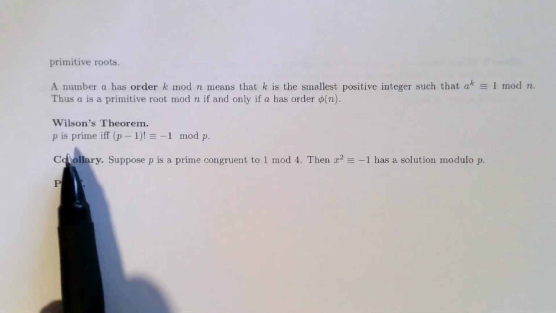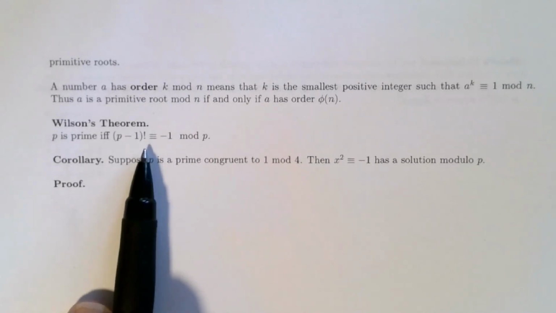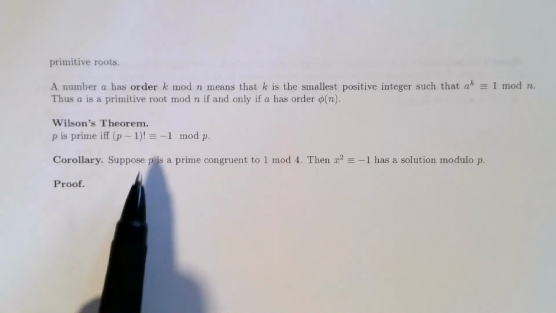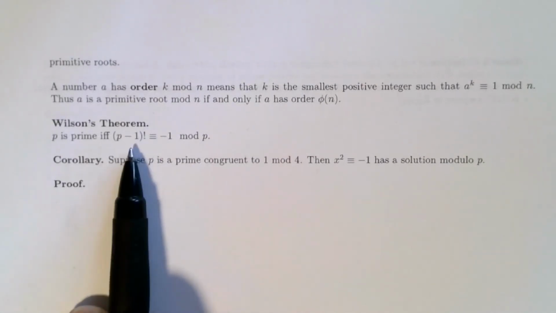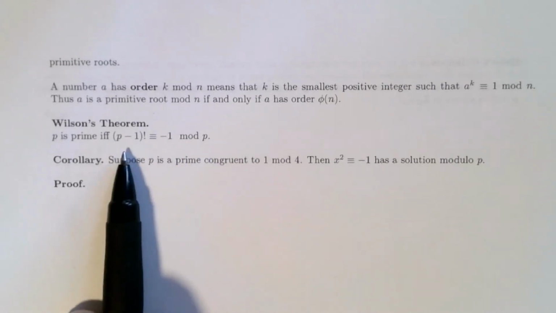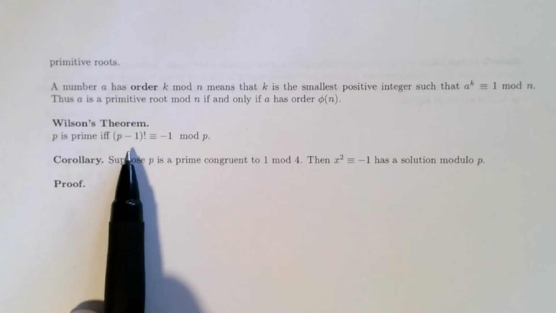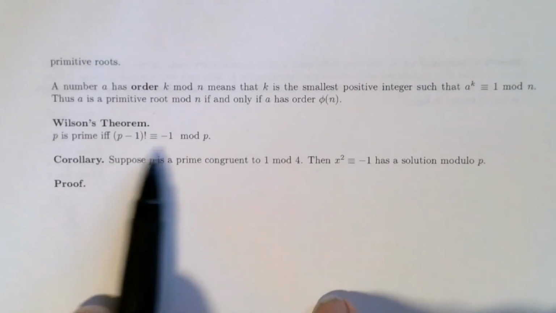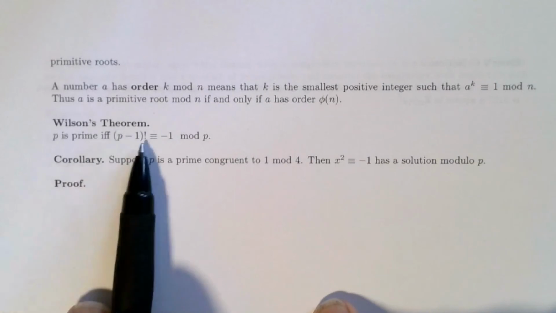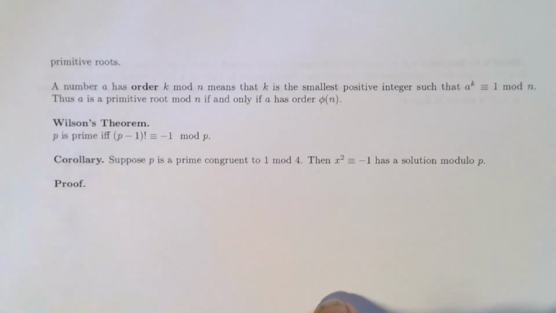This probably goes, in fact, back to Fermat, but Euler, for some reason, called it Wilson's Theorem, and the name has stuck. You might think at first glance that this is a nice way of checking when a number is prime, but of course computationally this is not a good way, because (p minus 1) factorial becomes very massive even for relatively small primes. But it is an equivalence for p being prime.